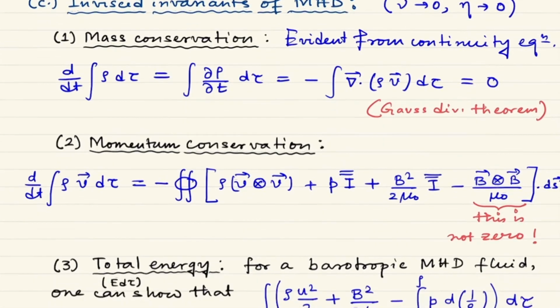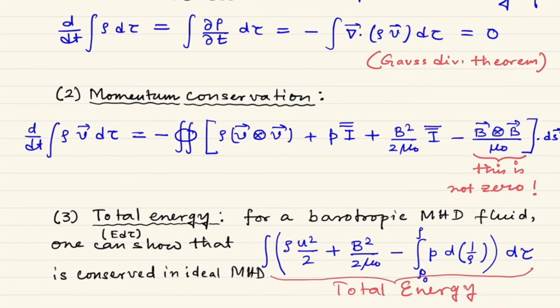Now I am going very slowly to the most important conservation of magnetohydrodynamics, that is the conservation of total energy. We also discussed the conservation of total energy maybe in the case of compressible fluids, but not in much detail. Here I will try to do it at least once thoroughly, step by step, so that you can have the idea not only for total energy but also for other types of quantities, how to investigate whether a quantity is an inviscid invariant or not.